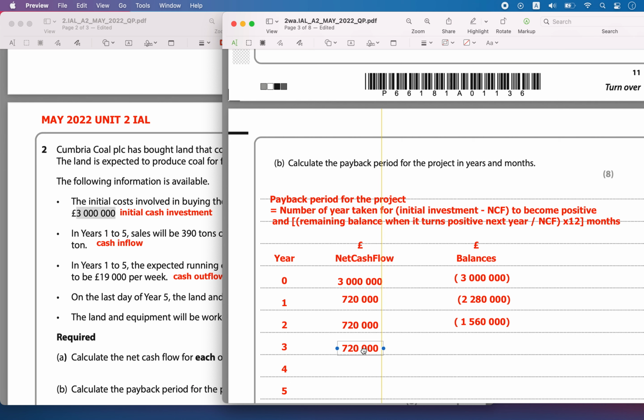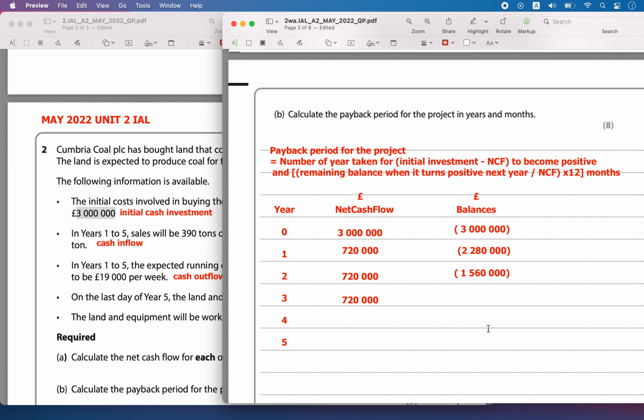Next, in the third year, there is a net cash flow of 720,000. So from 1,560,000 minus 720,000, you are left with only 840,000 to get back from the initial investment.